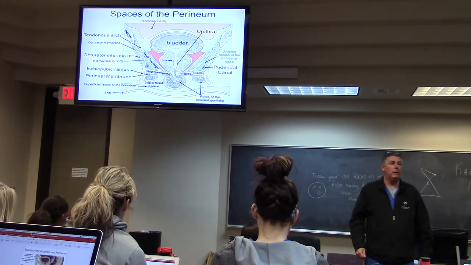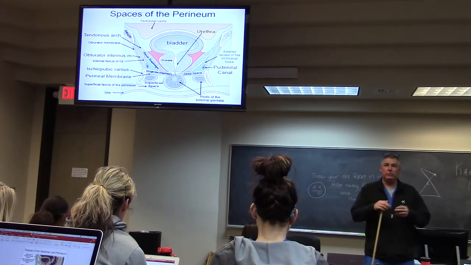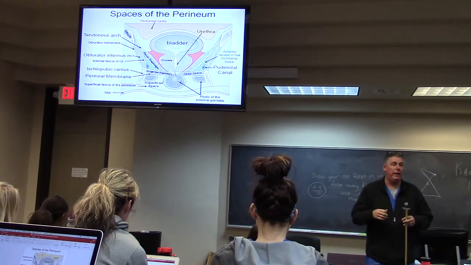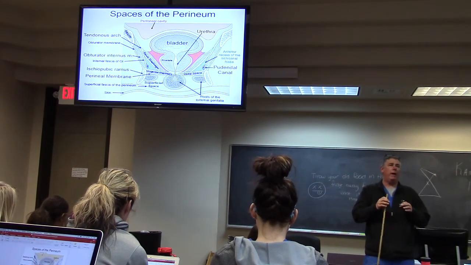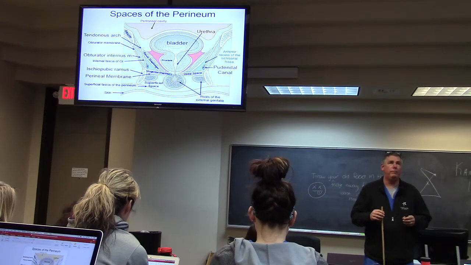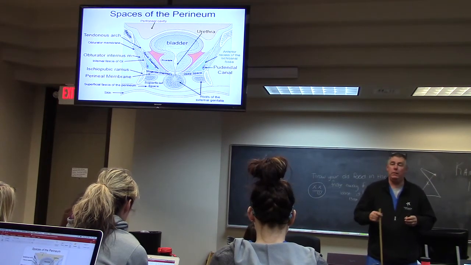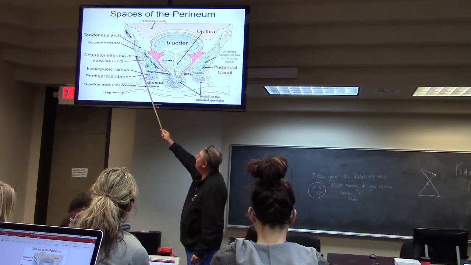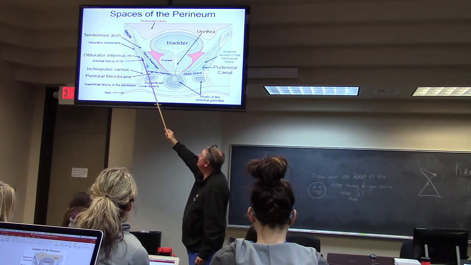All right. Now, anatomists describe different spaces in the peritoneum. So let me try to explain this. It's actually very simple. Going back to the other day, here's the obturator internus.